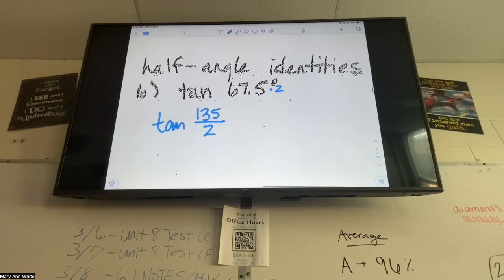And so now we're going to use this and my tan half angle identity, plus or minus the big radical of 1 minus cosine of 135 over 1 plus cosine of 135.